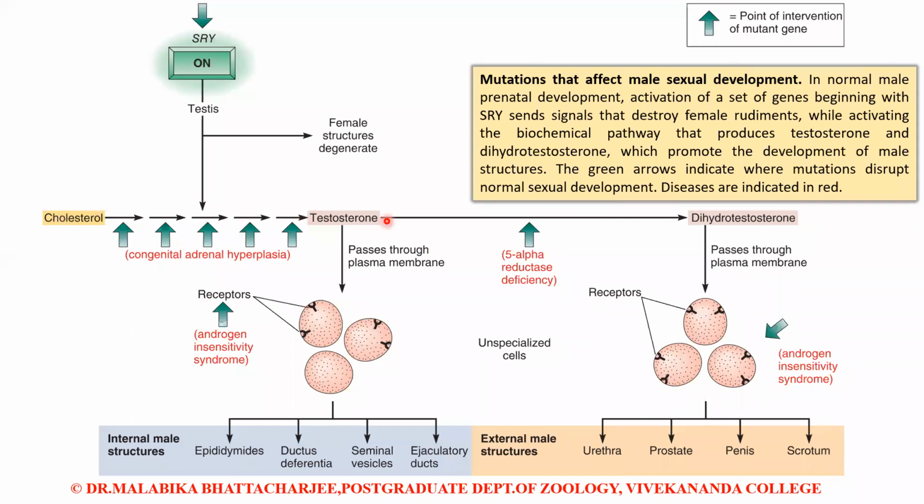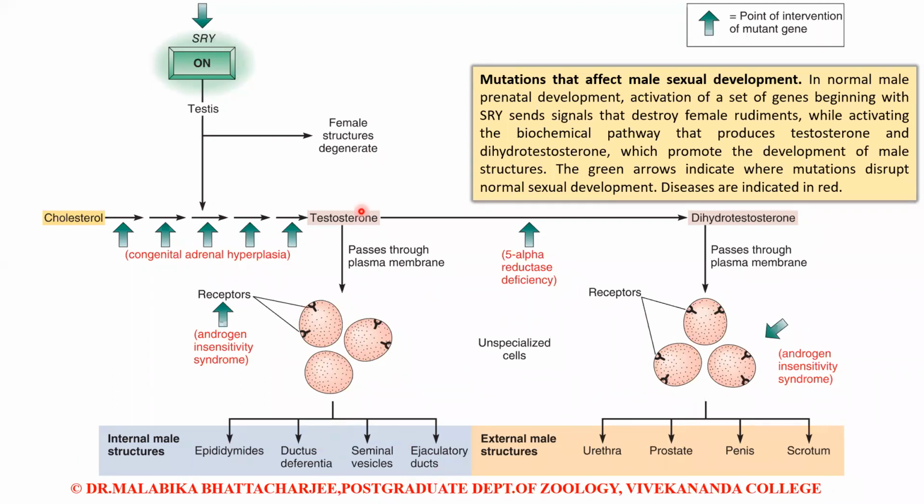The testosterone passes through the plasma membrane and binds with the receptors, resulting in the development of the internal male structures, like epididymis, ductus deferens, seminal vesicle, and ejaculatory duct.